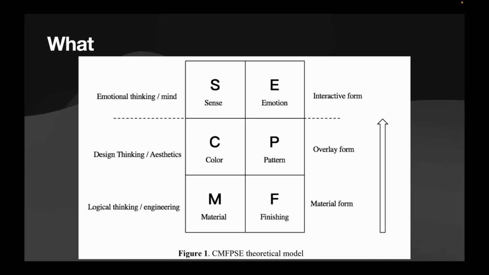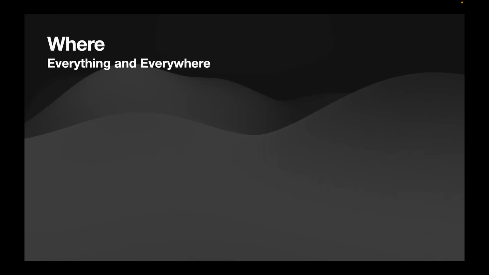And the pattern also can bring up a lot of different output based on the materials that is used. So they are all interconnected, and they all try to improve the end user's experience at the end of the day.